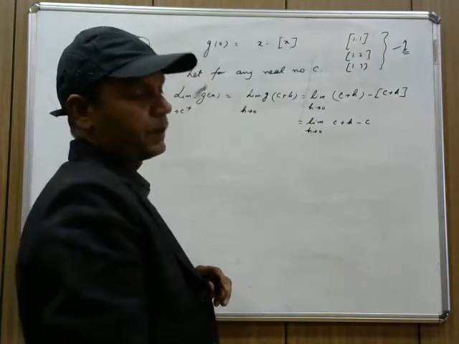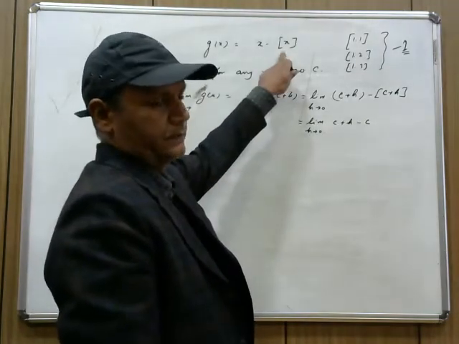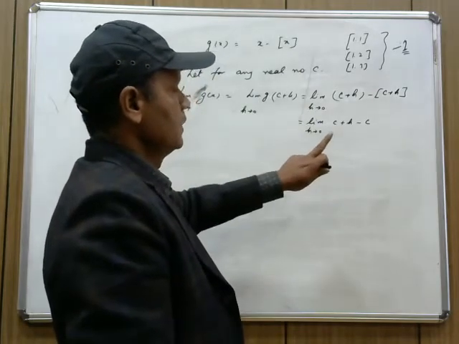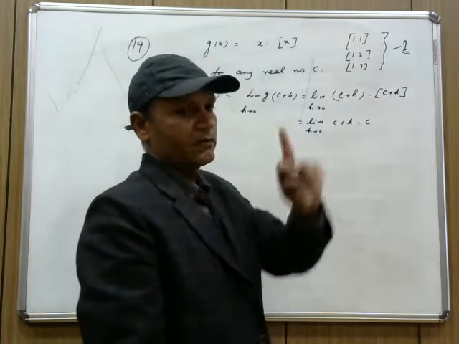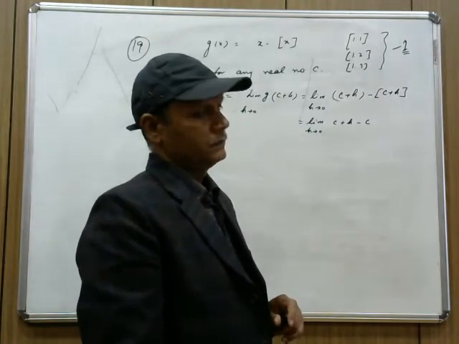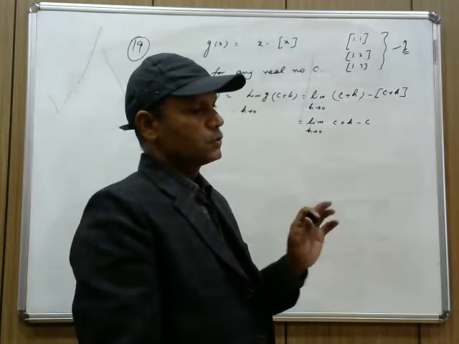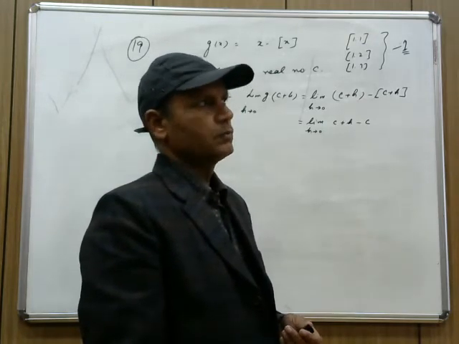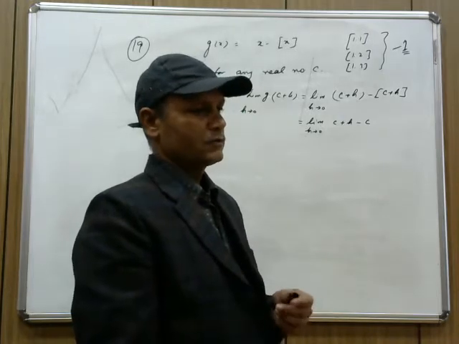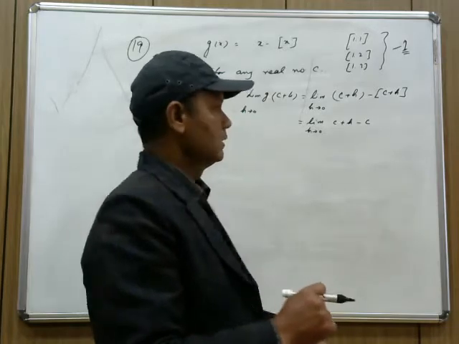C plus integral part will take the integer, because this is the greatest integer function, right? That's why if it is 1.02 or 1.99, the answer will be 1. Similarly, if you have 2 minus something, that means 2 minus 0.9, that is 1.9, then the answer will be 2 minus 1, that means the answer will be 1.